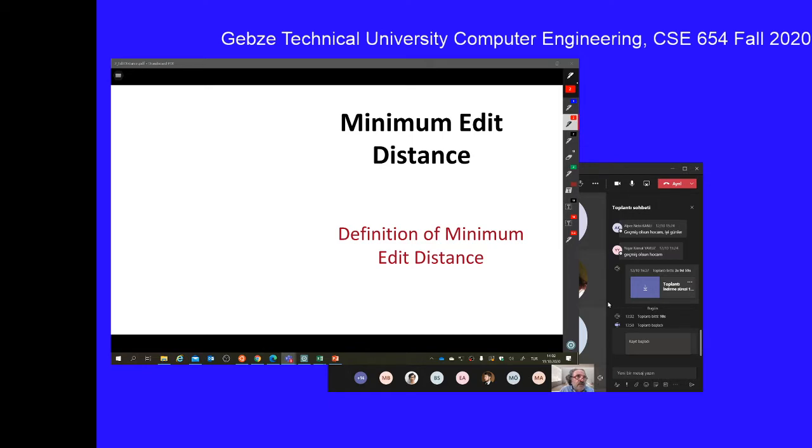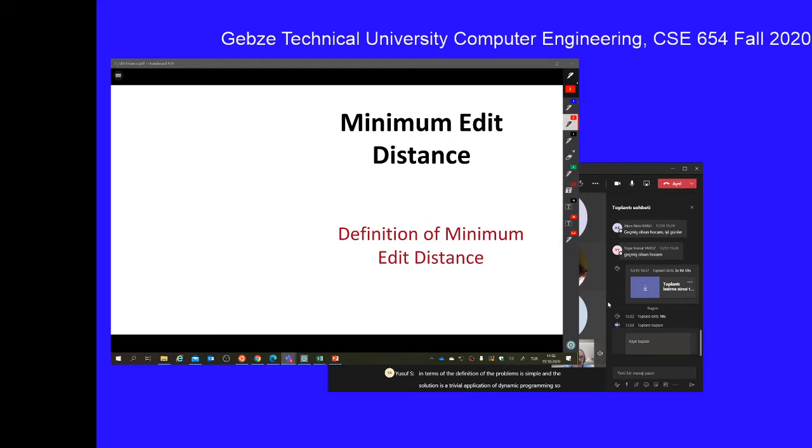Last time we started talking about minimum edit distance. We said that this is an example problem that uses dynamic programming. It is very simple to explain what the problem is in terms of its definition, and the solution is a trivial application of dynamic programming.